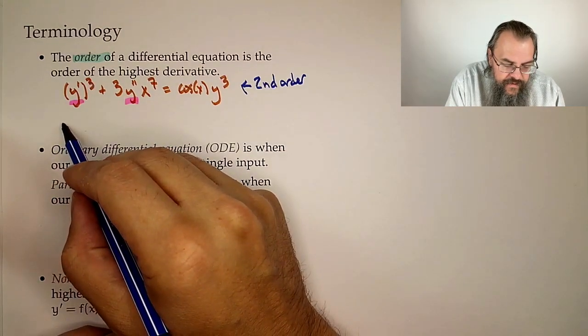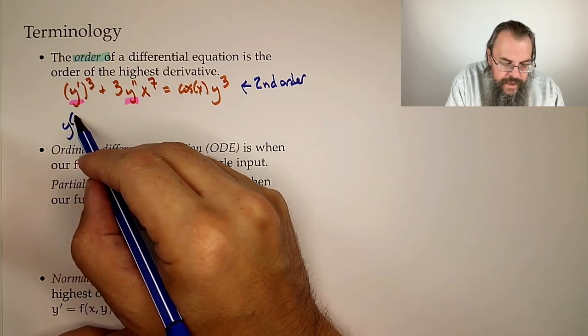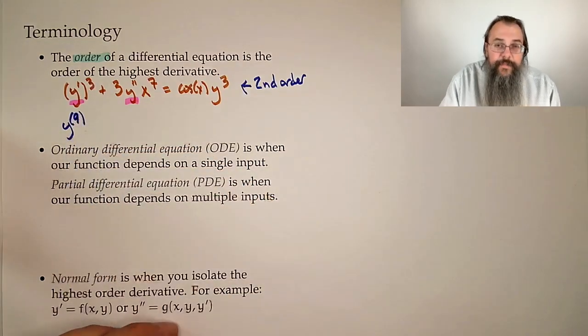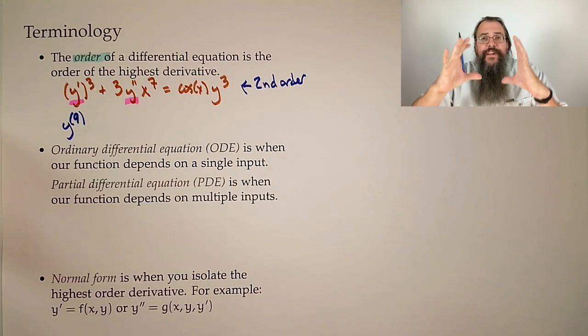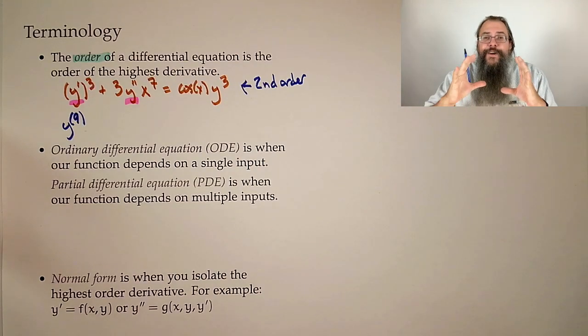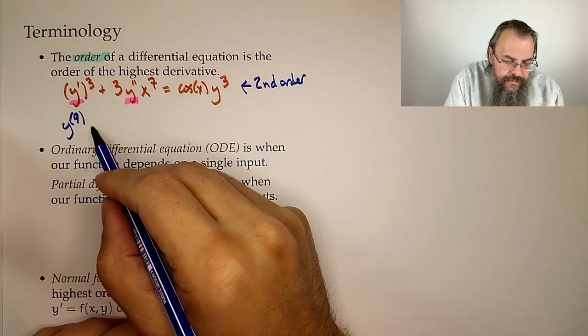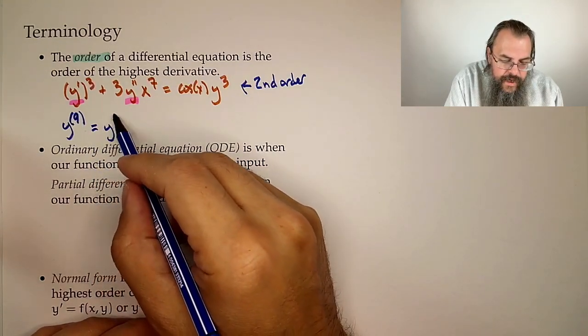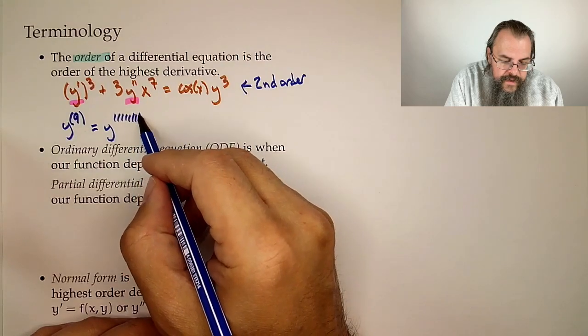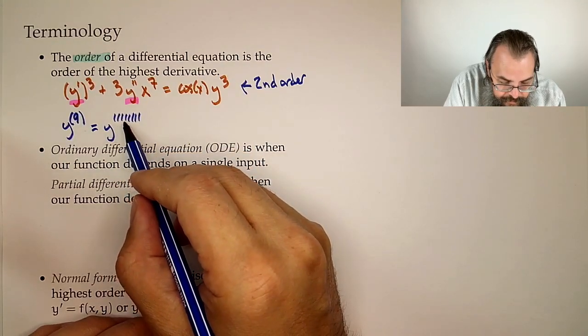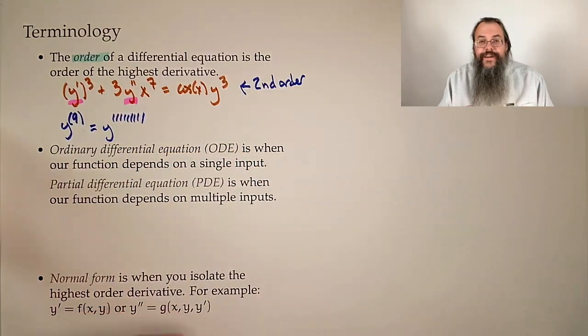So, for instance, if I wrote down y and then upstairs a 9, but I put that 9 inside a set of parentheses, well, that's referring to a derivative. So this is the same thing as saying y, where we put 9 little strokes here. Of course, I probably should have counted. I think, there we go, I think that's 9.